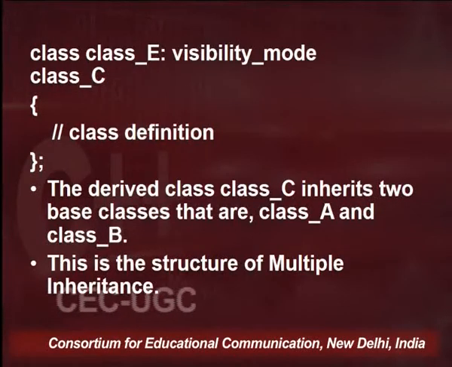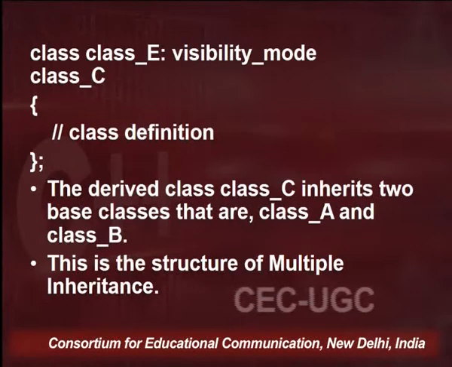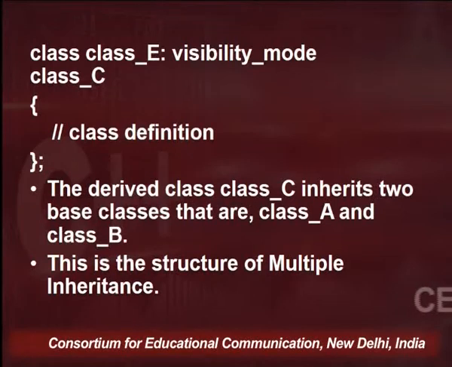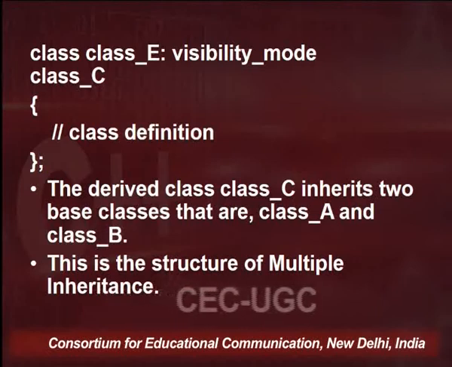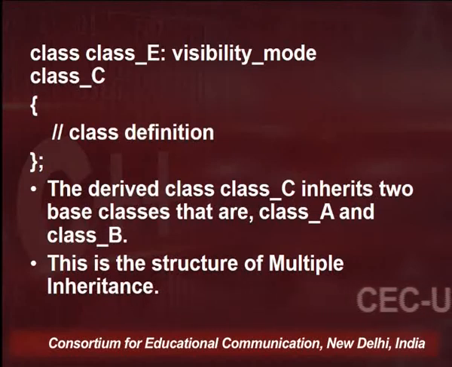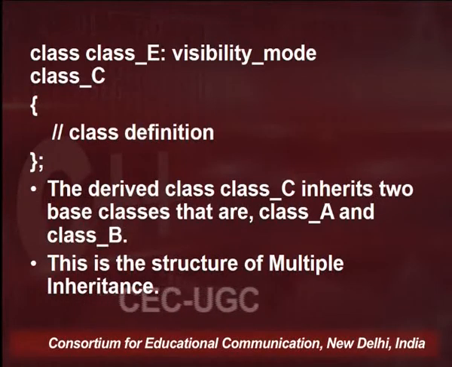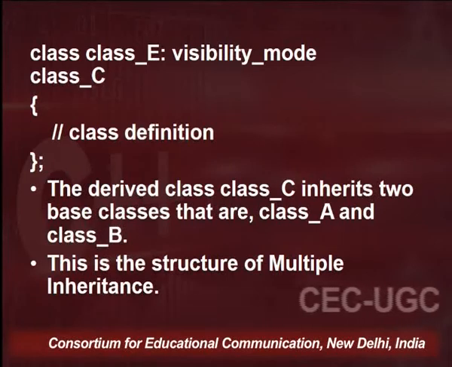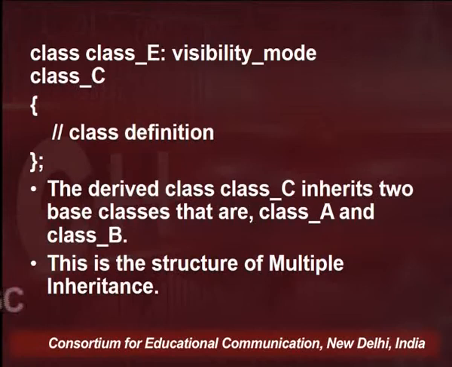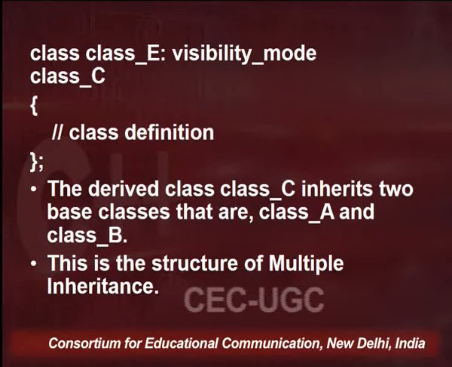And we have class E also, which is also inheriting class C. So now the figure which you can imagine is class A and B at the top level, both being inherited by class C at the second level, and at the third level we have class D and class E, which are inheriting class C. So basically the derived class C inherits two base classes, A and B. So clearly this is a structure which we can call multiple inheritance.